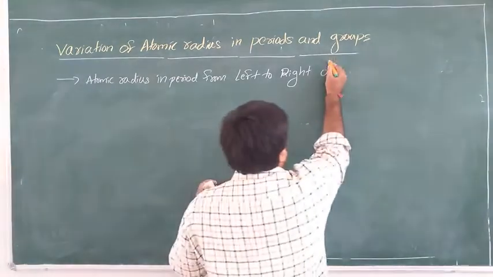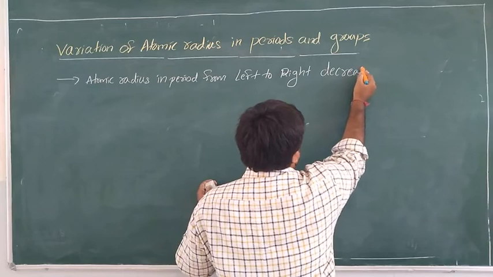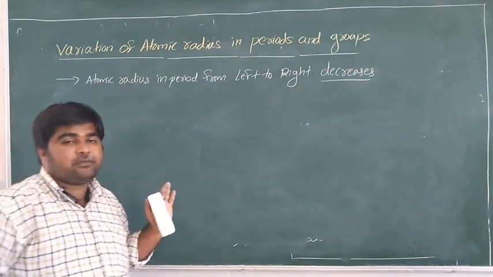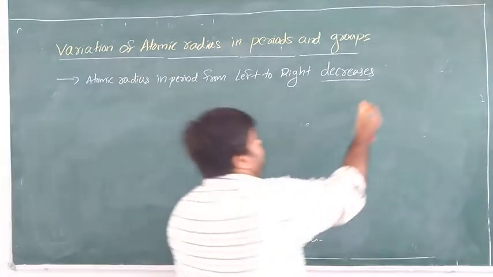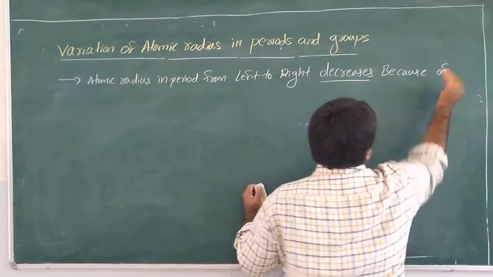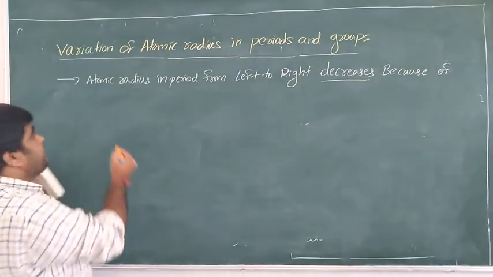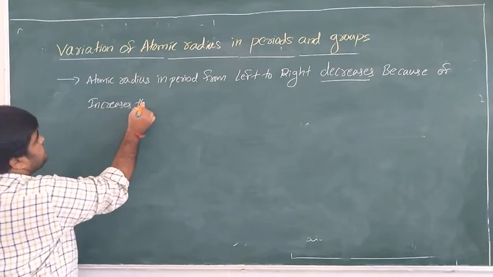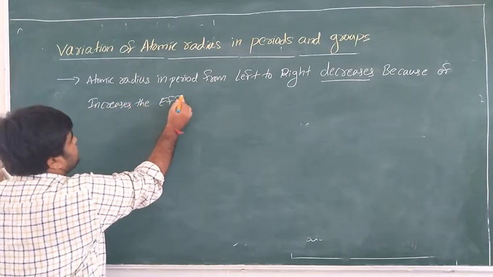So atomic radius decreases from left to right. This is a very important point. Atomic radius from left to right, what happened? It decreases because of the increase in the effective nuclear charge.